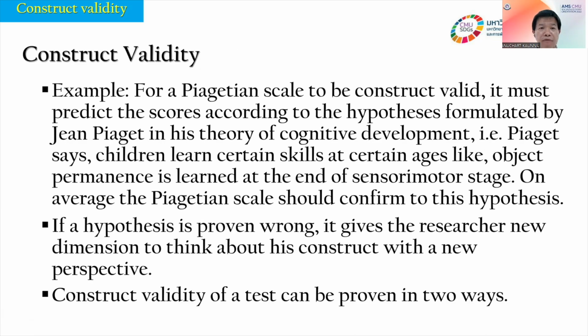For example, Piaget's theory, if you remember from learning psychology. For a Piagetian scale to be construct valid, it must predict scores according to the hypothesis formulated by Jean Piaget. This is backed up by his theoretical concept of cognitive development.